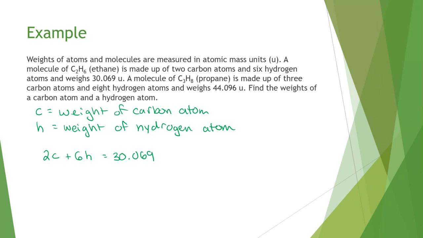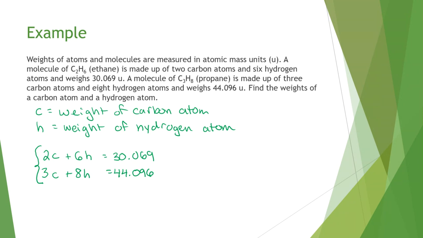The second equation is propane, and that one is 3 carbon and 8 hydrogen, and that gives us 44.096. Now, to make this a system, you have to have the curly braces around the equations to indicate that these are taken together.